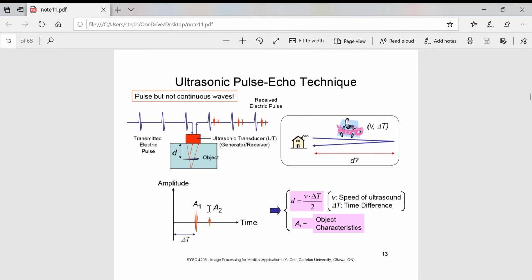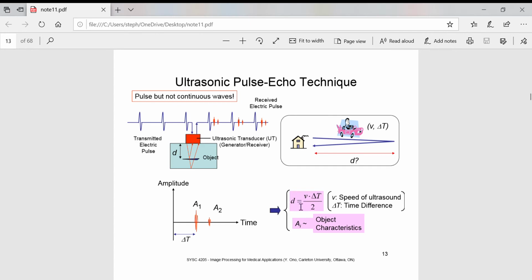The amplitude of the received electric pulses, or the amplitude of the waves that are coming back, is directly proportional to those different properties, the distance as well as the speed, and that obviously has an effect on how much these signals are attenuated.